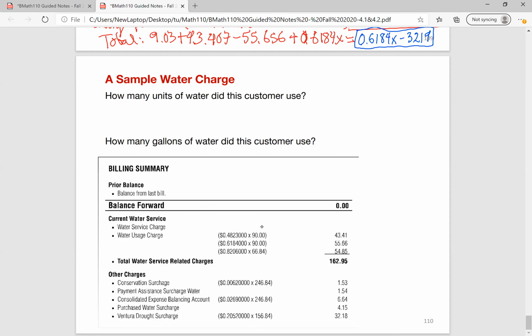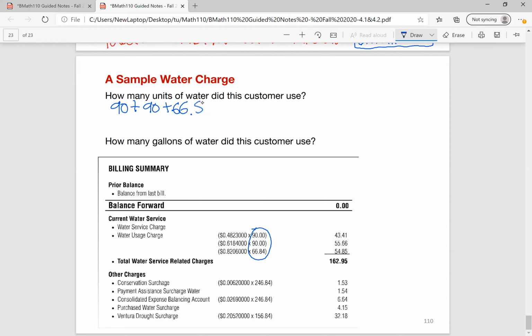You can see over here all the units the customer used. It's going to be the first 90 plus the second 90, and then plus 6.84.